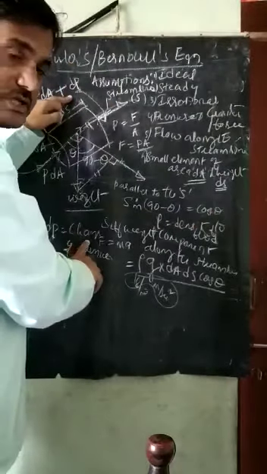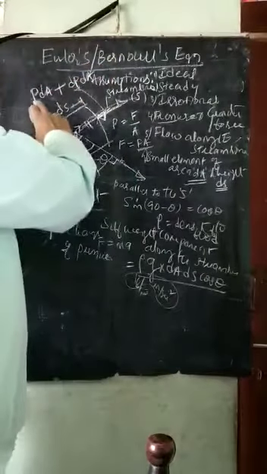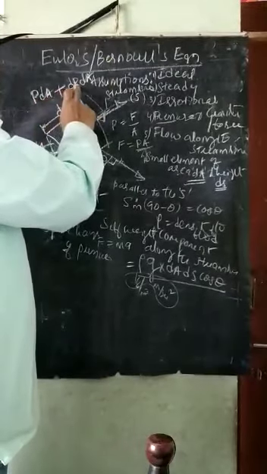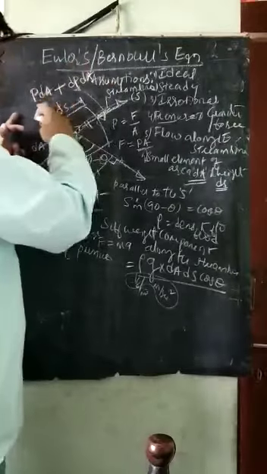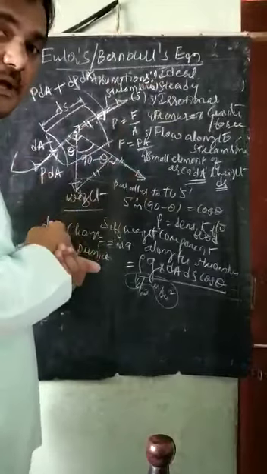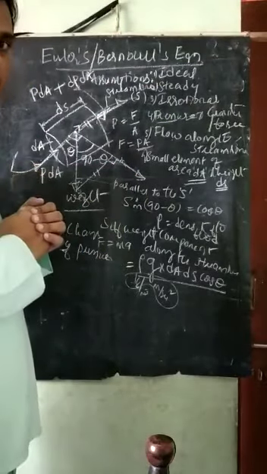So here it is P dA plus dP into dA. This is the pressure force which is applied on the opposite face of the element. On one side we have P into dA.